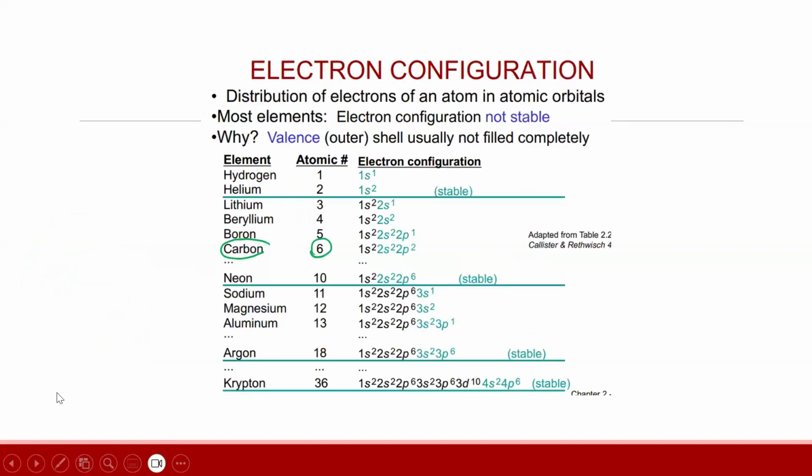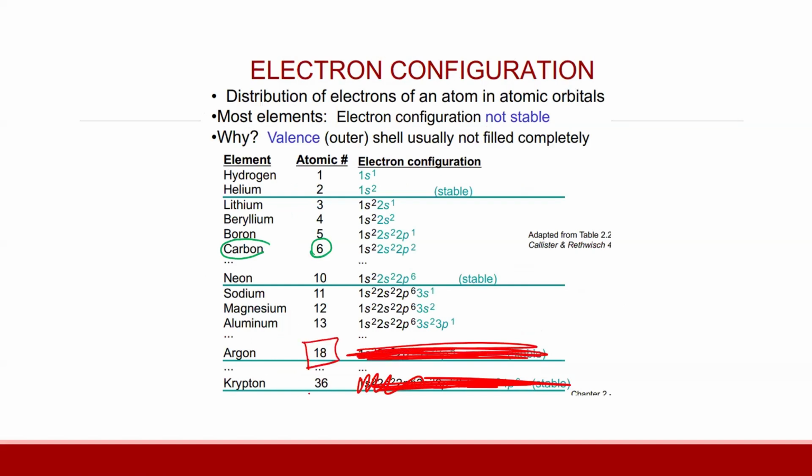Okay, I would like you to do a few. So you don't look at this one. Can you do this too for me, please? Argon has 18 electrons and krypton has 36 electrons. Let's do the argon. I will give you time.